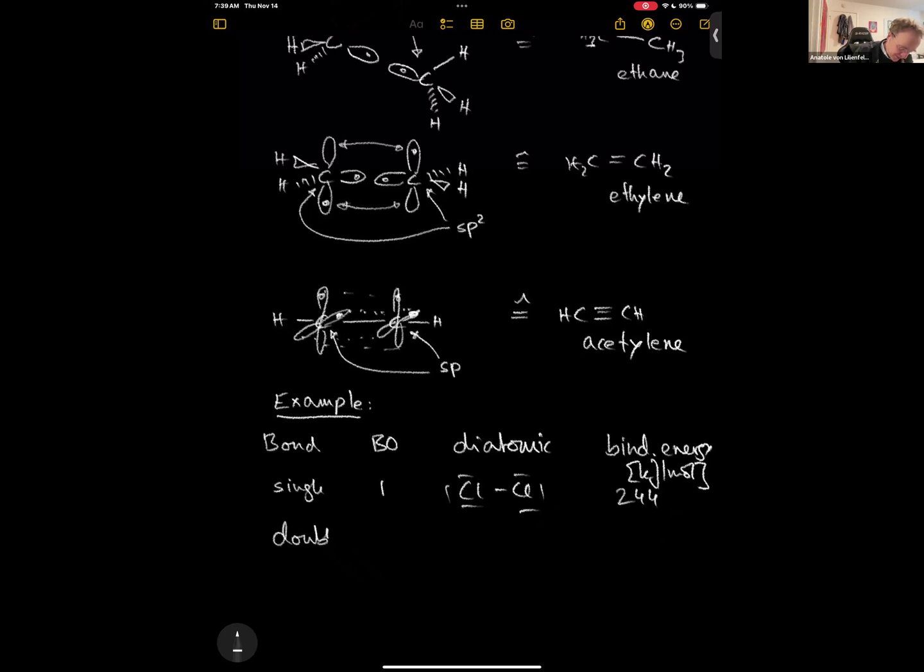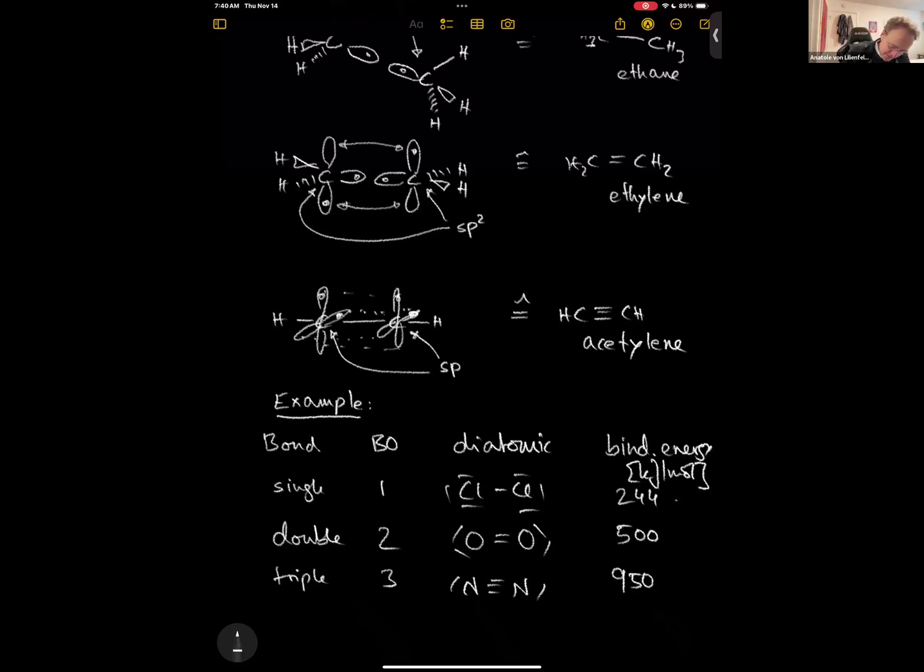We can go to a double bond with bond order 2. We take the O2 molecule, and this has a bond of roughly 500 kilojoules per mole. Then a triple bond you could encounter N2. That's the 950 you've seen before.